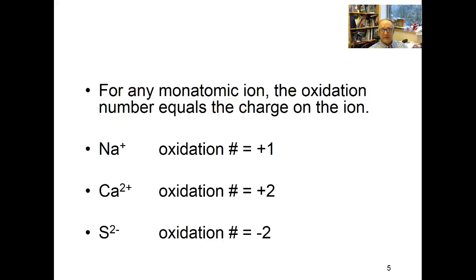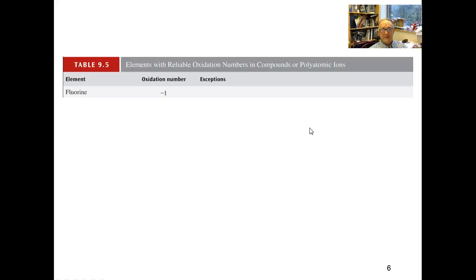When we're looking at nonmetals in a compound, other than the elemental state, there are also some rules. Fluorine in a compound is always going to have an oxidation number of -1. I'm not talking about F2, molecular fluorine, but fluorine in a compound is going to have an oxidation number of -1.